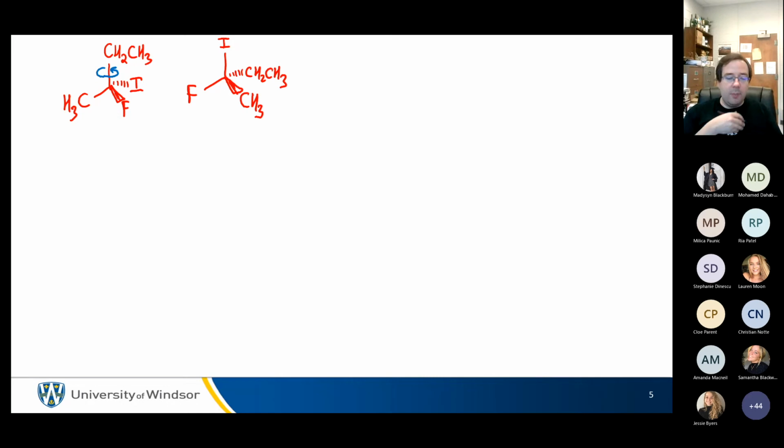But let's spin around the top. And let's spin the other way. So let's get the fluorine where we want it. You can get any of them. It doesn't matter. There's no right way to do this. This is the way that jumped out to me first. So if the fluorine moves there, the iodine moves to where the fluorine was, the methyl moves to where the iodine was.